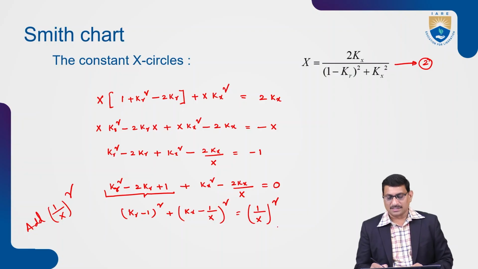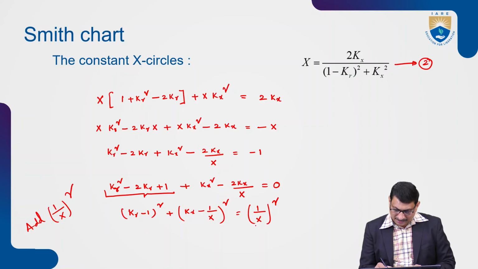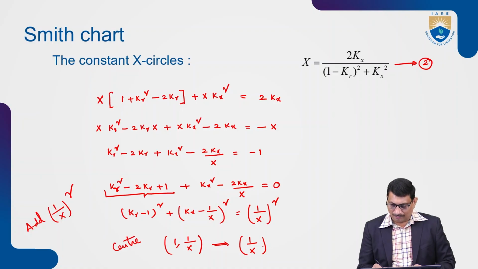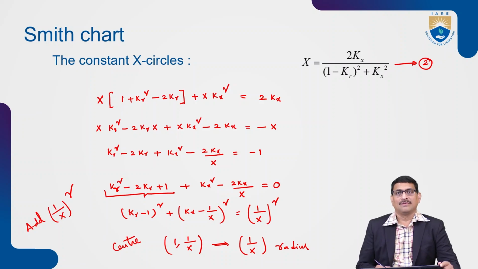Now this equation also looks like the family of x circles, a circle equation, where the center of these x circles is at 1 comma 1 by x and whose radius is 1 divided by x. So 1 comma 1 by x is the center and 1 by x is the radius. Now I can also vary these x values and draw the different x circles.